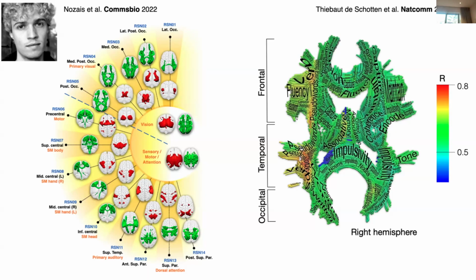And then this is another example, and I'll speak more about it tomorrow, where you can project directly, if you use large database meta-analyses of fMRI with different tasks that have been studied over the past 20 years. You can do it systematically and project here, for each part of the white matter, what is the most likely functional term that would be associated with this white matter pathway.